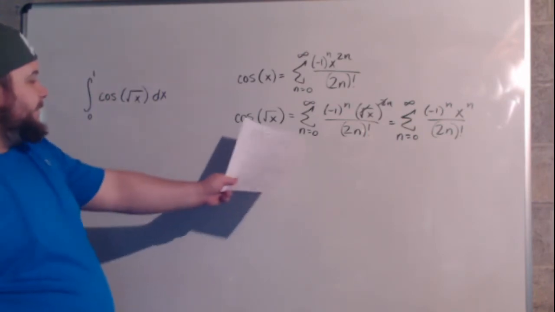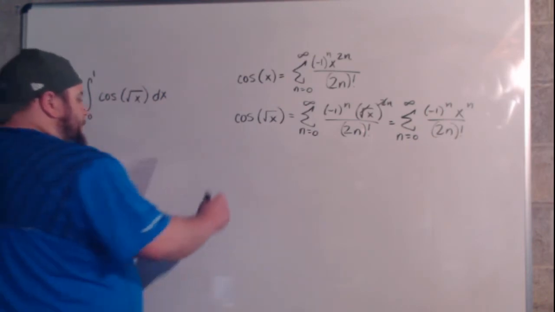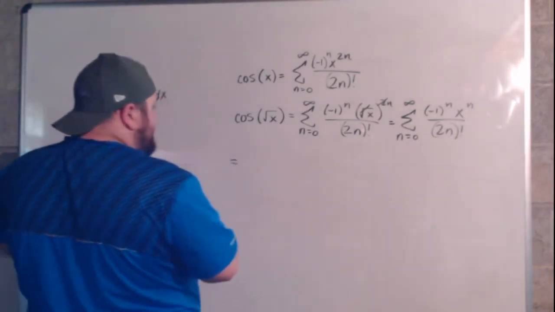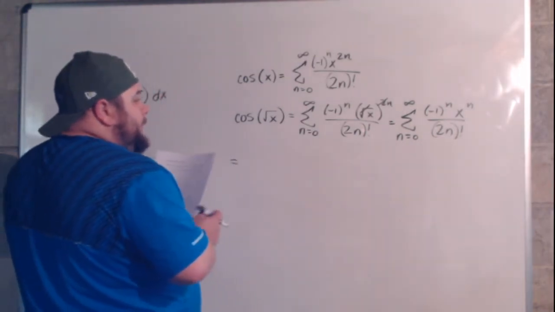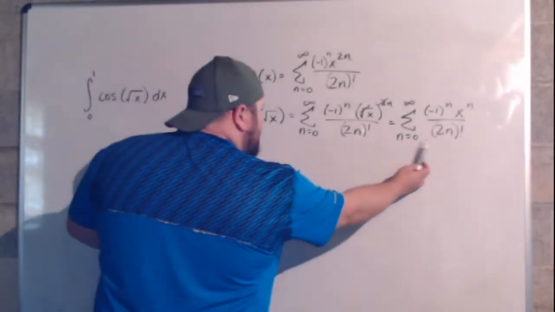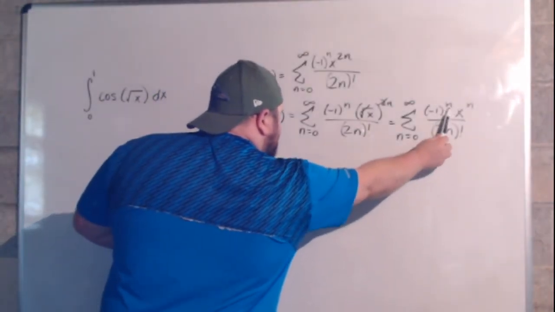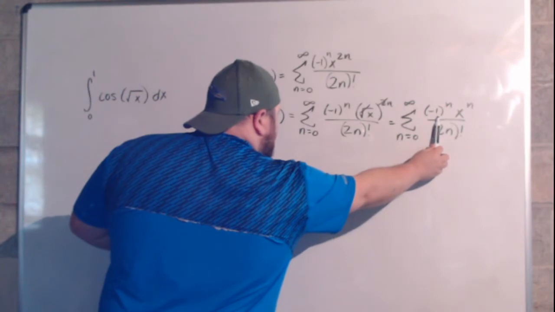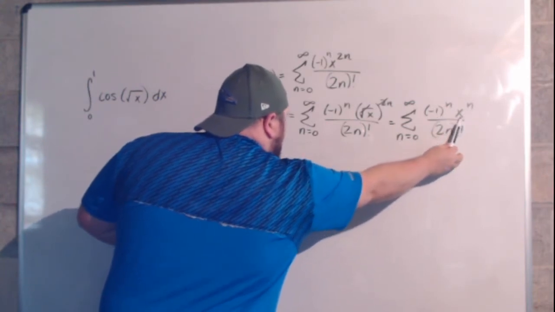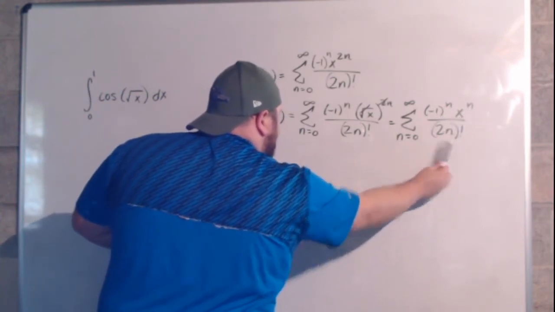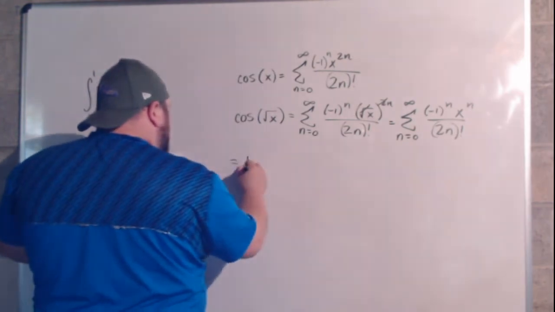So now let's write out the first 6 terms for that series. N equals 0, plug that in. Negative 1 to the 0 is 1. X to the 0 is 1. 0 factorial is 1. So the first term is just 1.